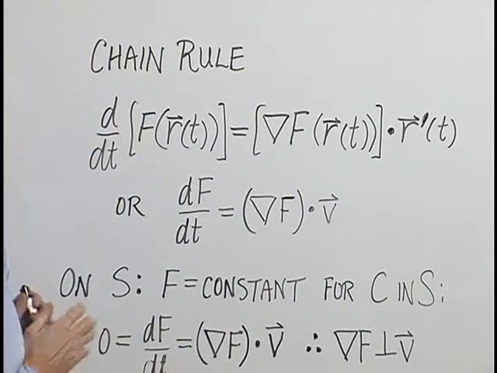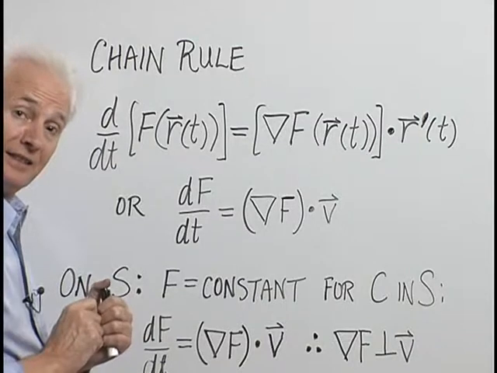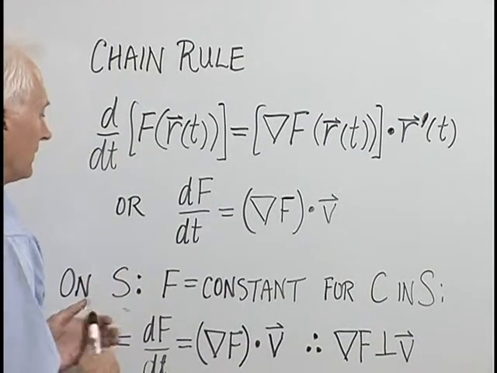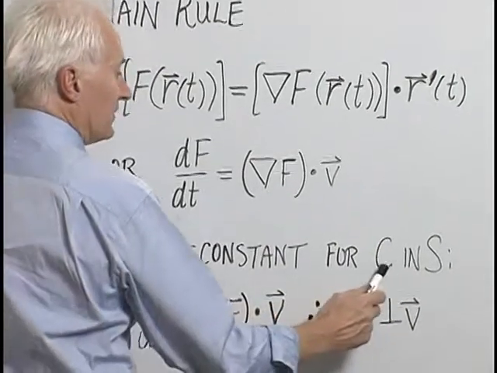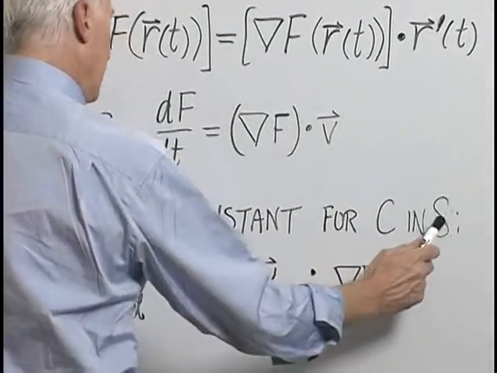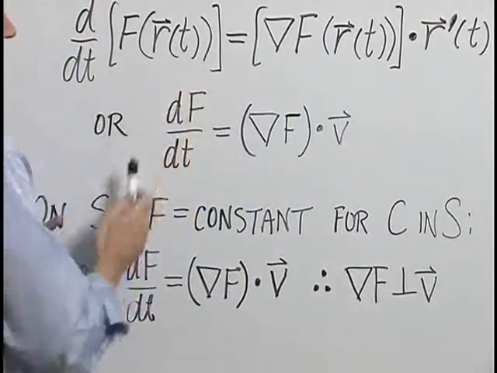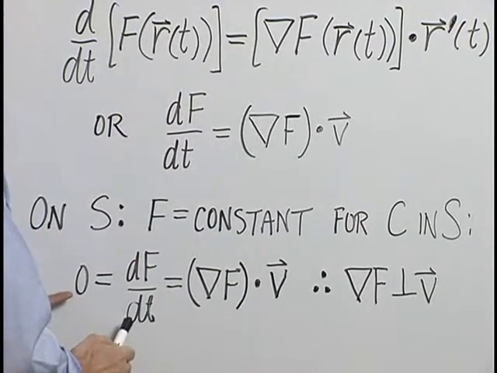Now, suppose the curve C lies entirely inside the surface. So you imagine that the curve is in the surface. Since on the surface F is constant, if C, the curve, is in that surface, then F of r of t itself is constant, and so dF/dt will have to be 0.